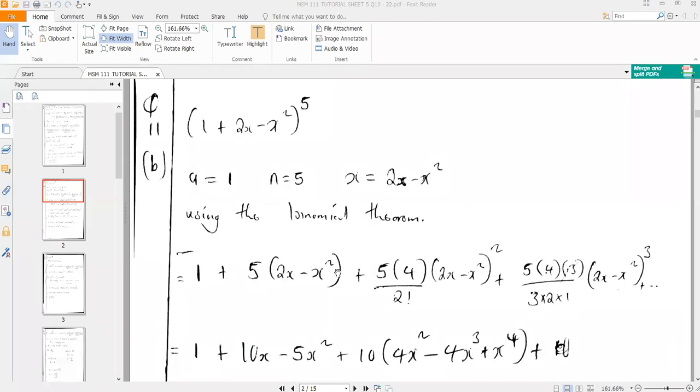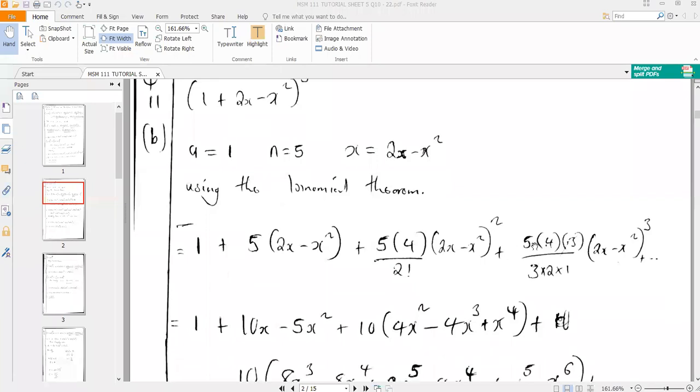So when you substitute here, it's n minus 1, so when you put 5 there, it will be 5 minus 1, which is 4, right? Then where there's x squared, we plug in 2x minus x squared to the power 2, over 2 choose. So here we do the same.